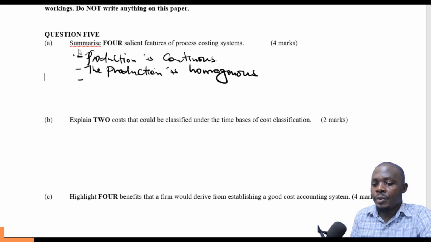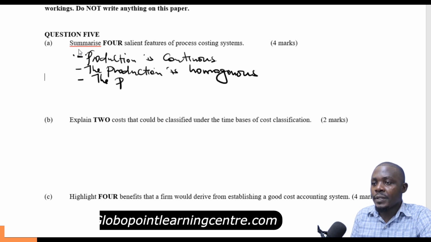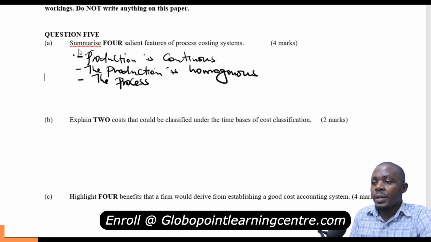And number 3, we can say the process is standardized. The process of process costing, the process is standardized.